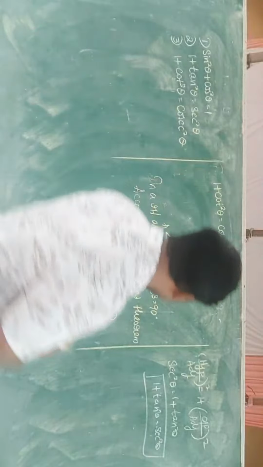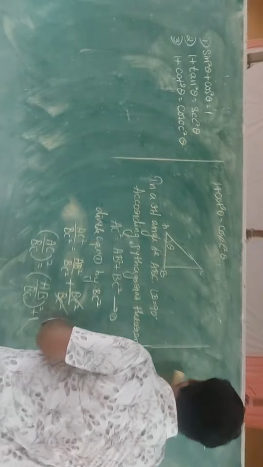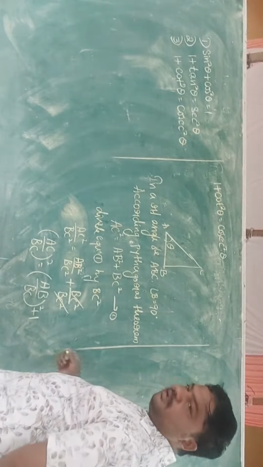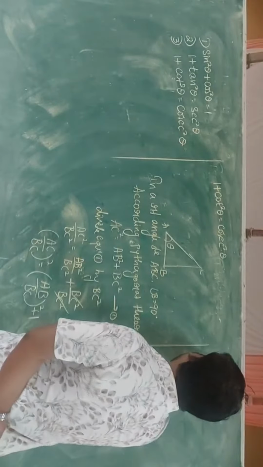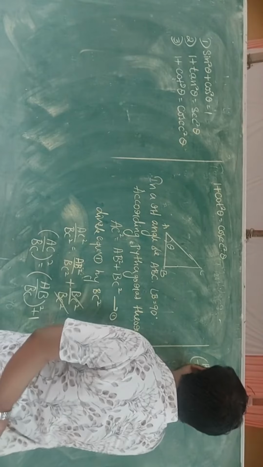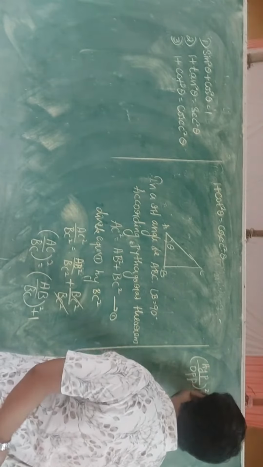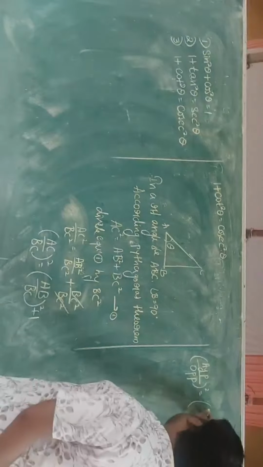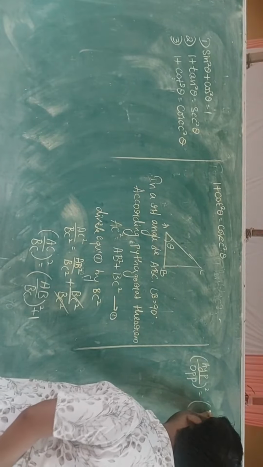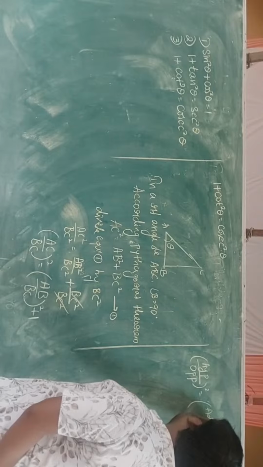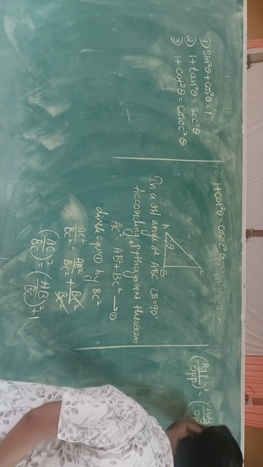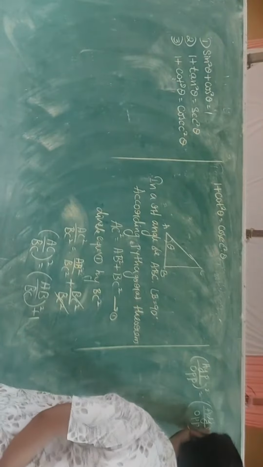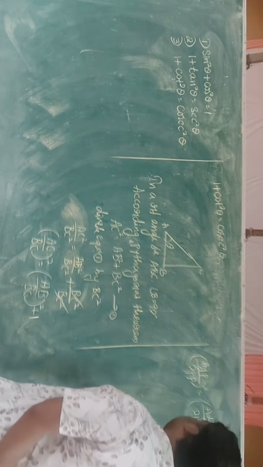AC upon BC is hypotenuse upon opposite, whole square, and AB upon BC whole square is adjacent upon opposite, whole square, plus 1.